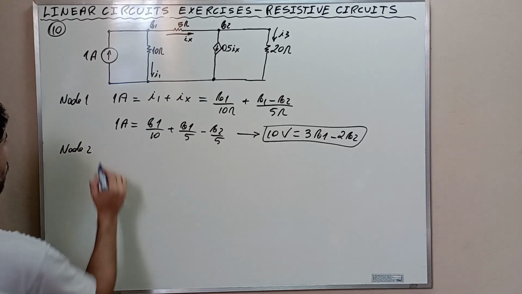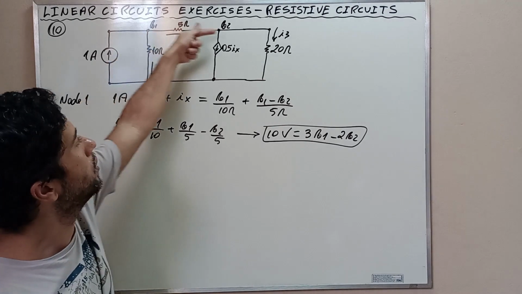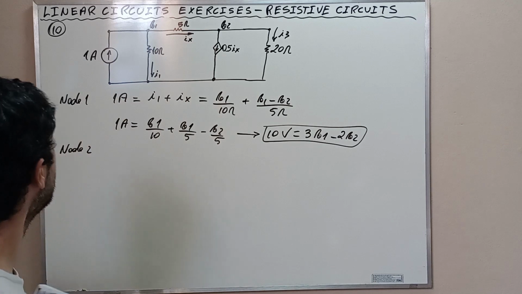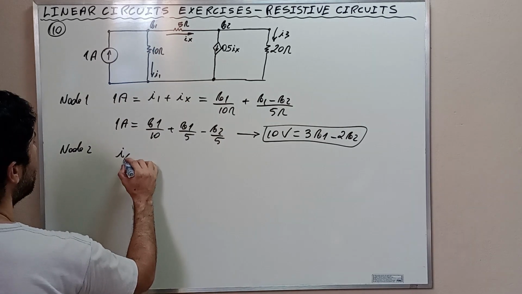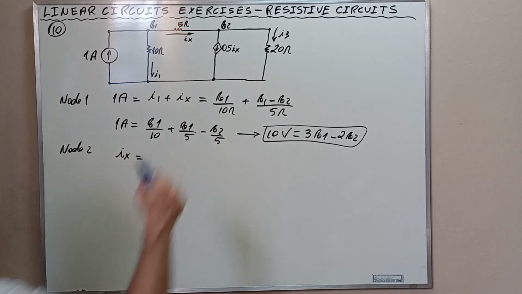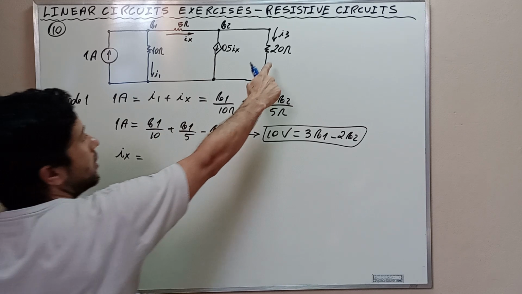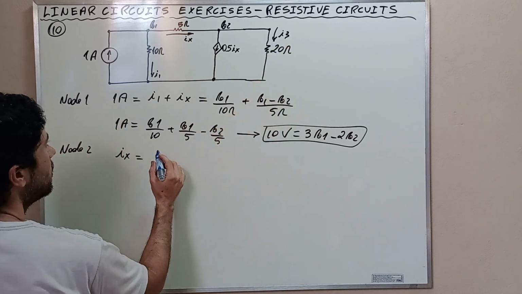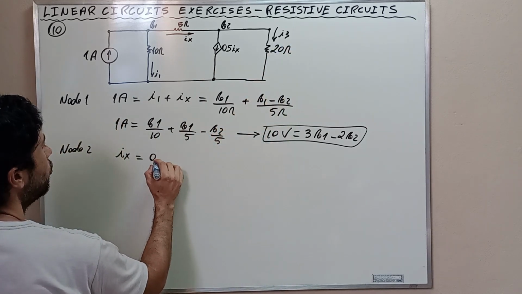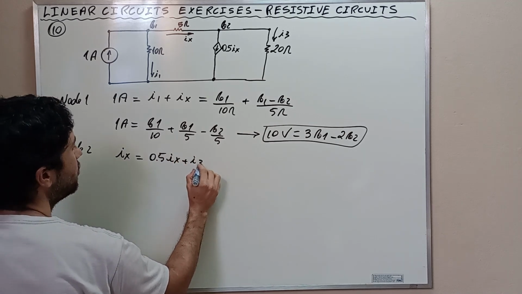Node 2, okay? What are the currents that enter the node? There is only one current entering the node. It is Ix. What are the currents leaving the node? The current of this controlled source, and I3. Then it is 0.5 Ix plus I3.